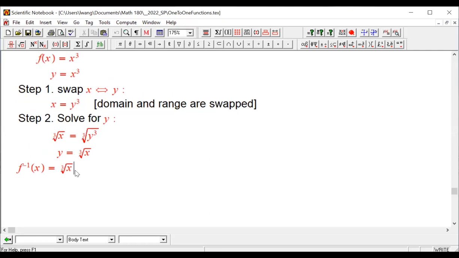That's the inverse function found. So that's how we find the inverse function.